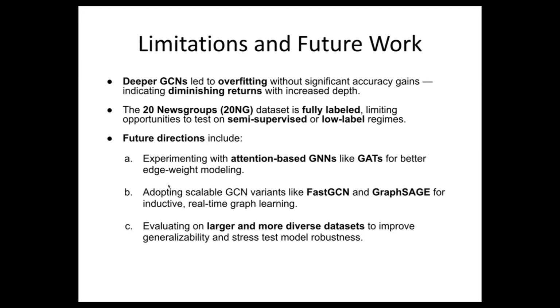Second, we plan to use FastGCN, which is an inductive approach designed to scale to large graphs and can generalize better to unseen data. And finally, we want to move beyond 20NG and evaluate on larger and more diverse datasets to test the robustness of our model. While our current model is solid, there's a clear path to extend this work in more flexible and scalable ways.